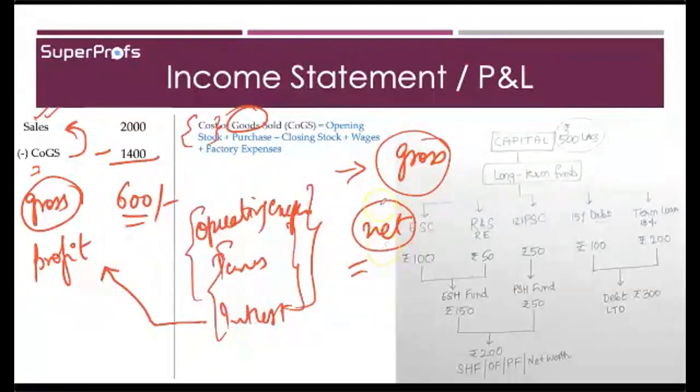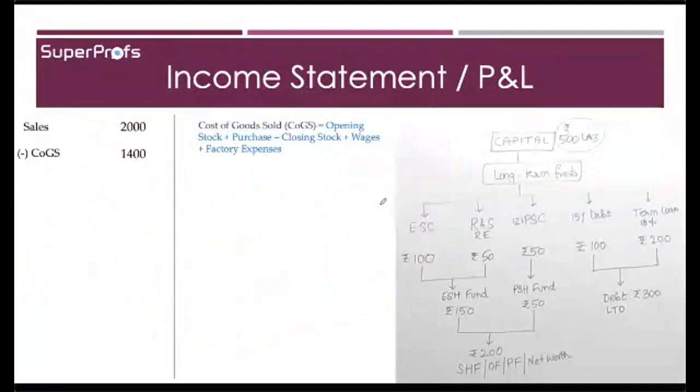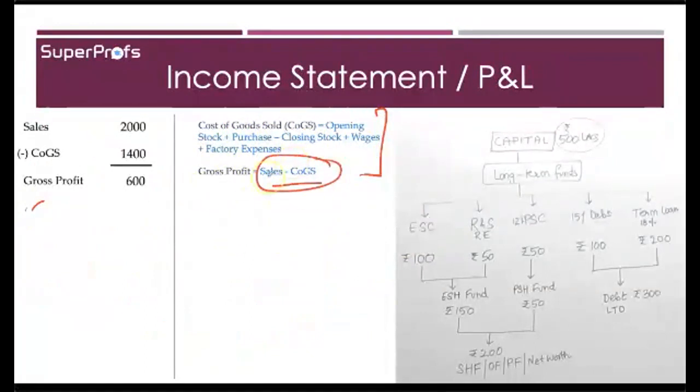Now we will study this one by one. What we have discussed is gross profit is your sales minus cost of goods sold. So now we know two things. First of all, cost of goods sold is opening stock plus purchase minus closing stock plus wages and factory expenses, and gross profit is sales minus cost of goods sold.